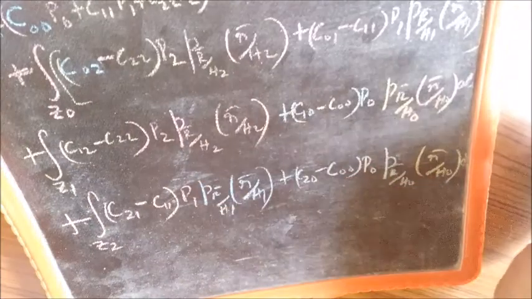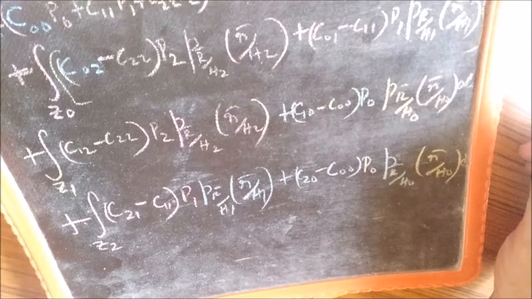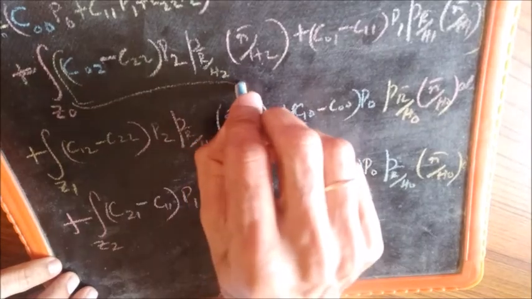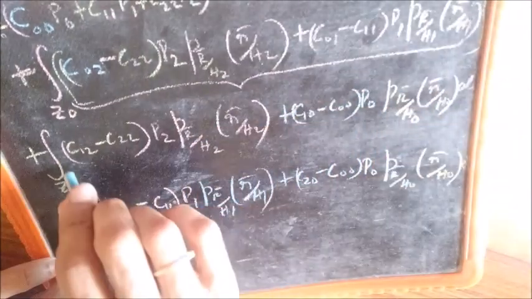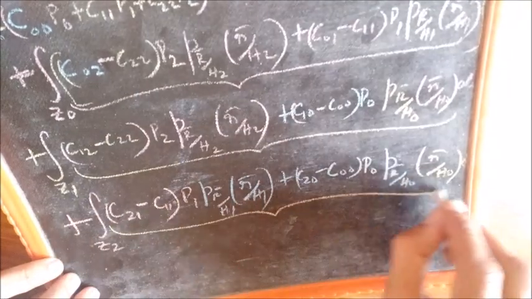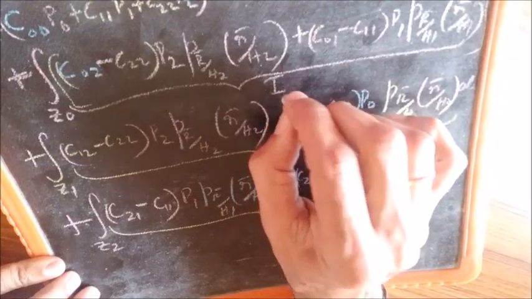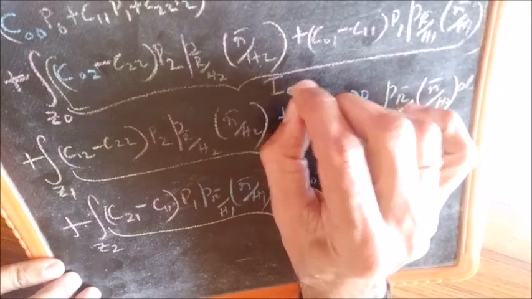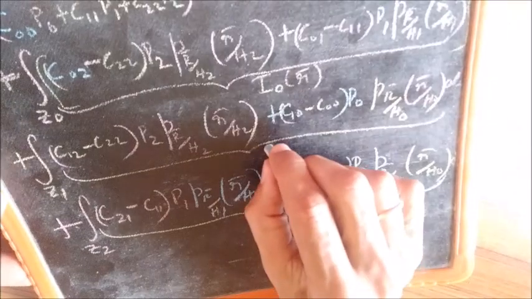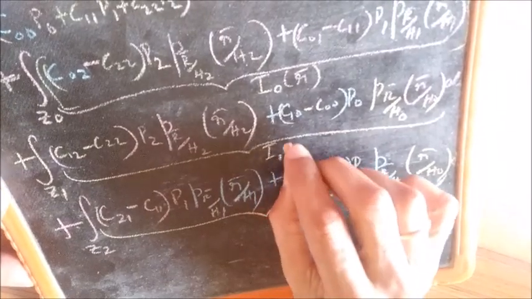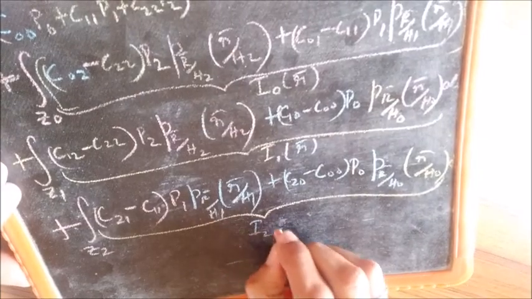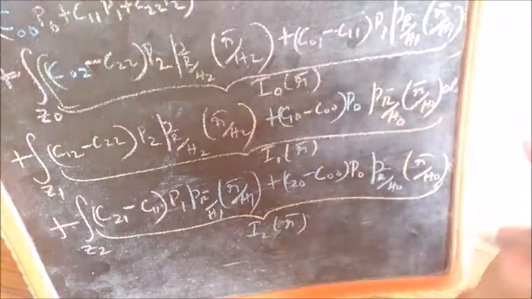Simple manipulations which I explained just now. And now what we do is we will call this term, this integrand. These integrands are very important for further discussion. So we will call them I subscript 0, a function of R, I1 a function of R, I subscript 2 a function of R. So this is the risk.